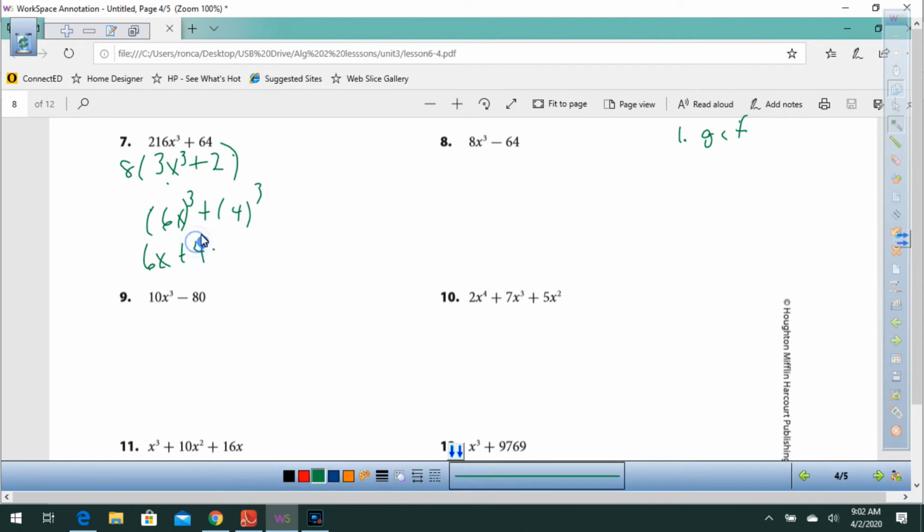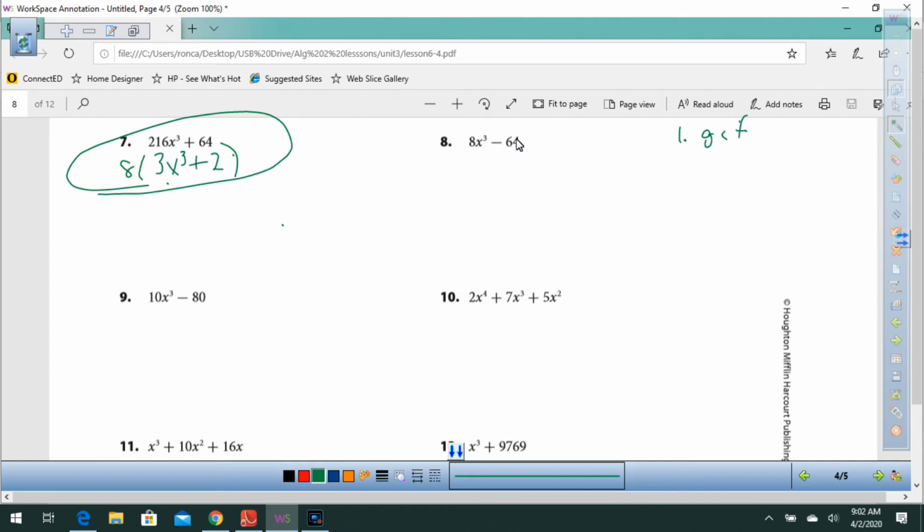Well, I do know why. And then it's going to be 36x squared minus 24x plus 16. See, you got even numbers all the way through it. So there you go. That's why you always find the greatest common factor first.